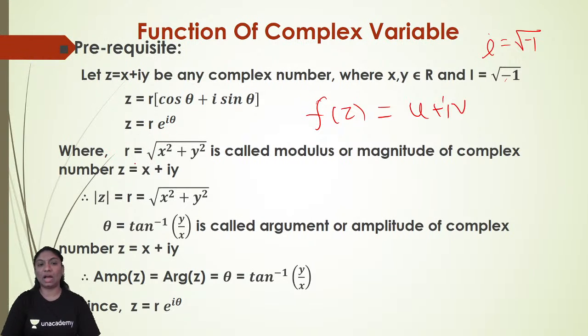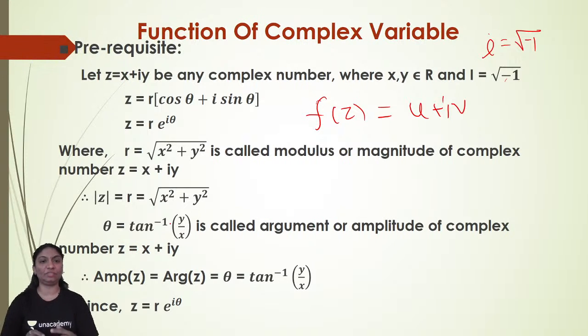Here r is equal to root of x square plus y square, which is called the modulus or magnitude of a complex number. Mod of z is equal to r, which is the positive square root of x square plus y square, where theta is equal to tan inverse of y by x, called the argument or amplitude of the complex number z.